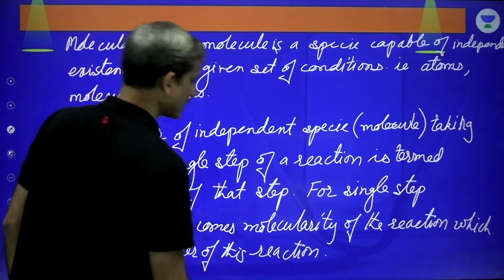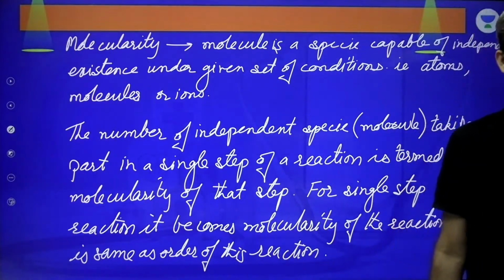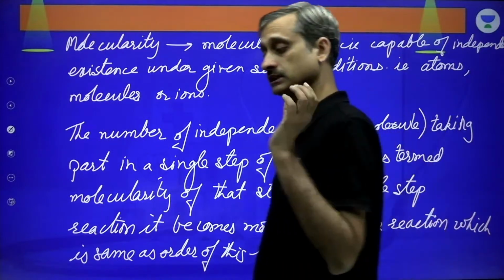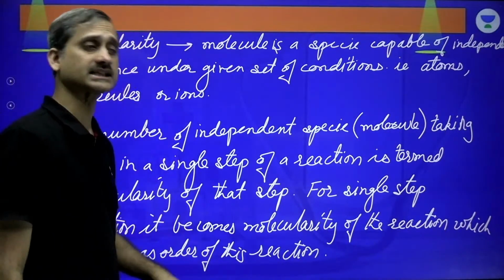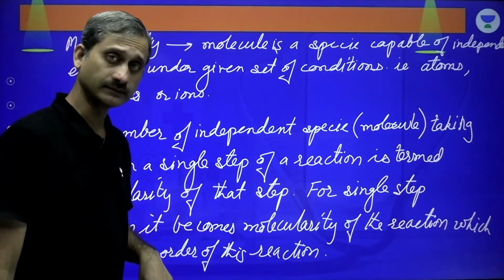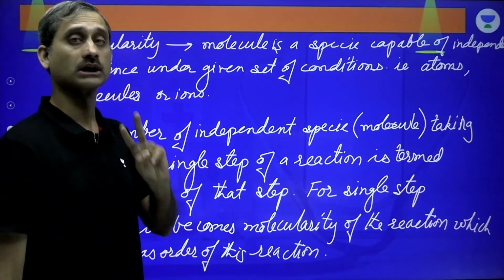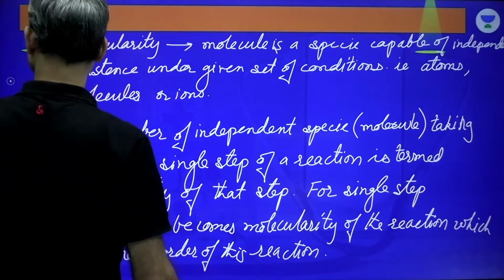For a single step reaction, the molecularity and order become the same. Now for a single step reaction, the molecularity becomes the stoichiometric coefficient. For a single step reaction, the stoichiometric coefficients define the molecularity and they define the order as well. But please remember, for a single step reaction.